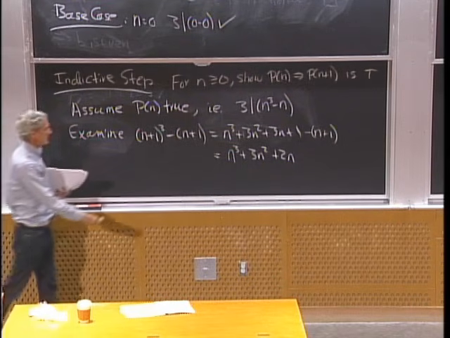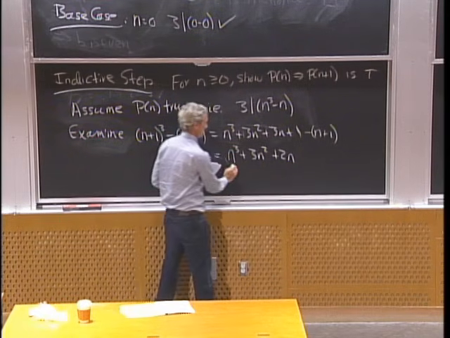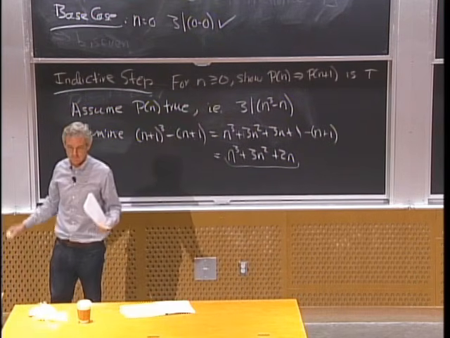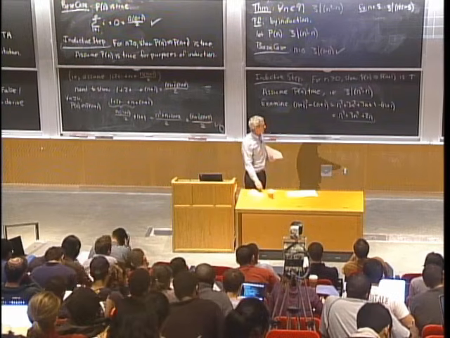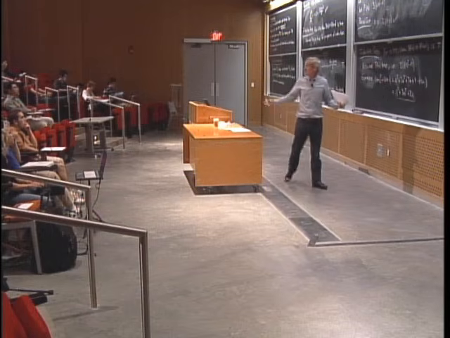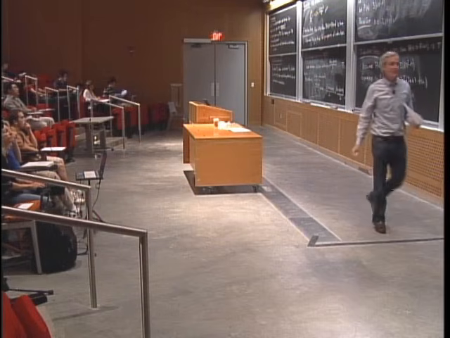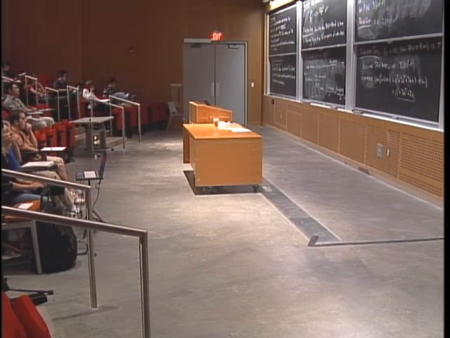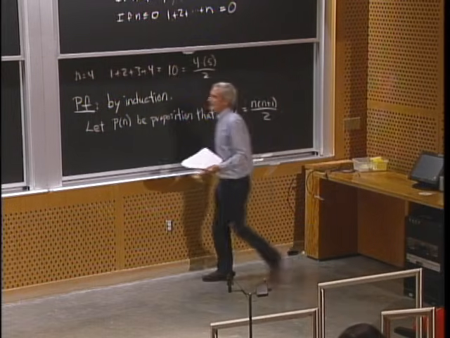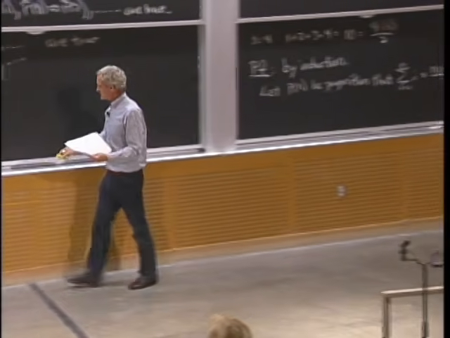Is this a multiple of 3? I need to show that's a multiple of 3, and then I'd be all done. Is it a multiple of 3? Beats me. It doesn't look like a multiple of 3, necessarily. So maybe we need to massage it a little bit.